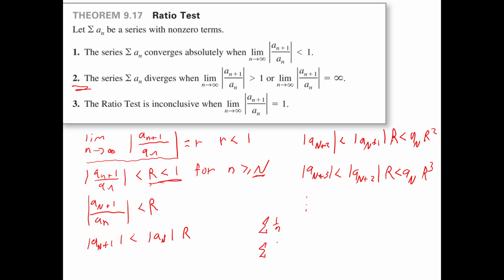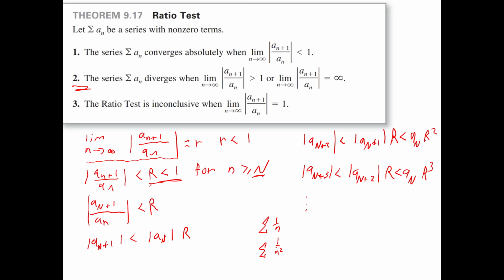If you use the ratio test on 1 over n squared, this is a p-series with p bigger than 1. This converges, but when you use the ratio test on it, you get your limit is 1. And so you have instances where the limit is 1 and the series diverges, and instances where the limit is 1 and the series converges. So the test is inconclusive.